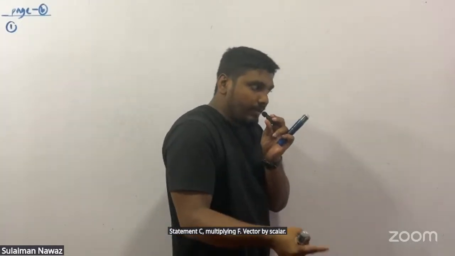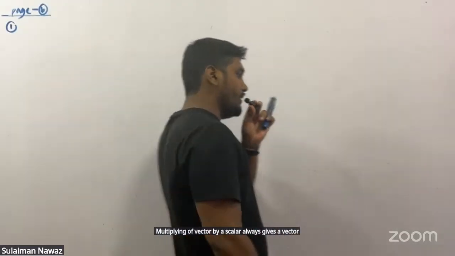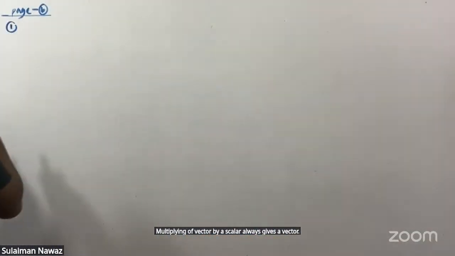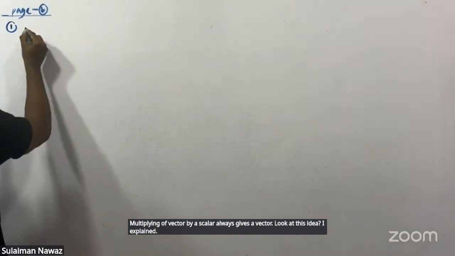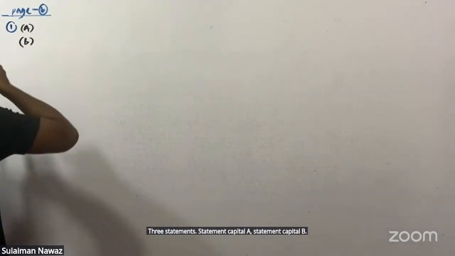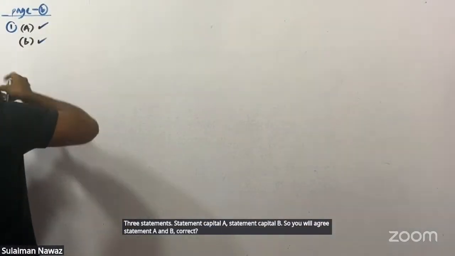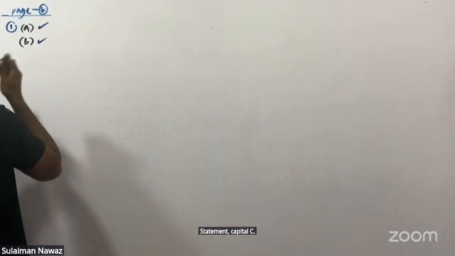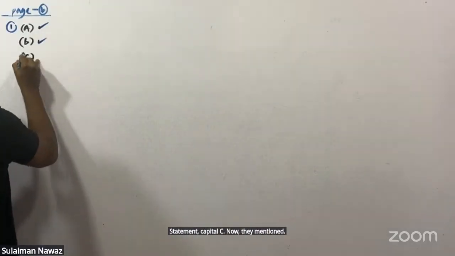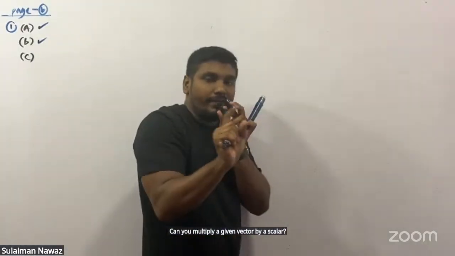Multiplying a vector by a scalar always gives a vector. Look at this idea I explained. Three statements: statement A, statement B. You will agree statements A and B are correct. Statement C says when you multiply a given vector by a scalar, the result is always a vector.